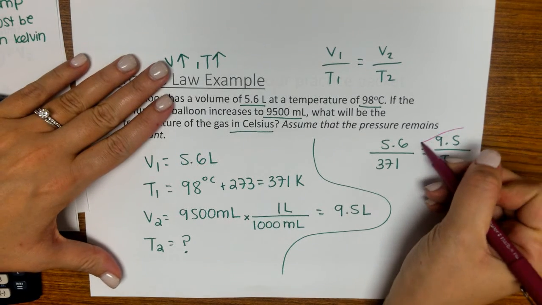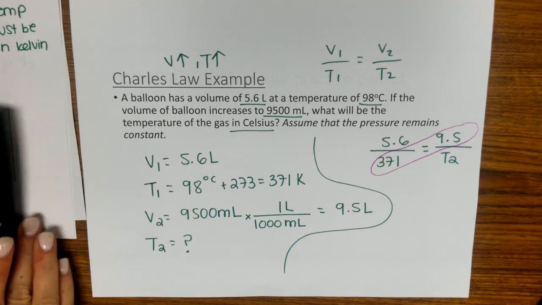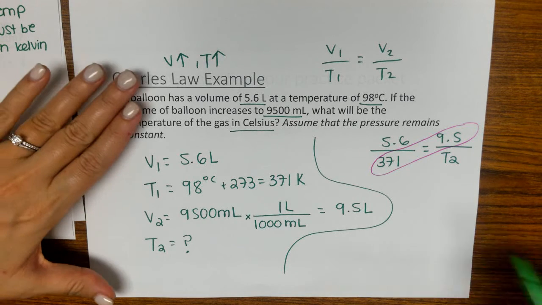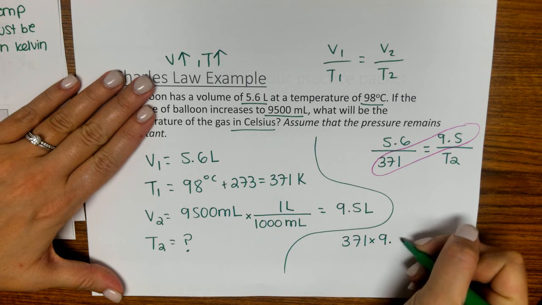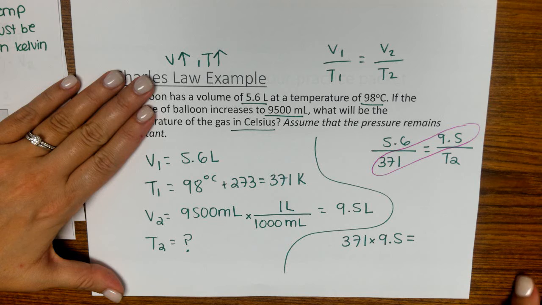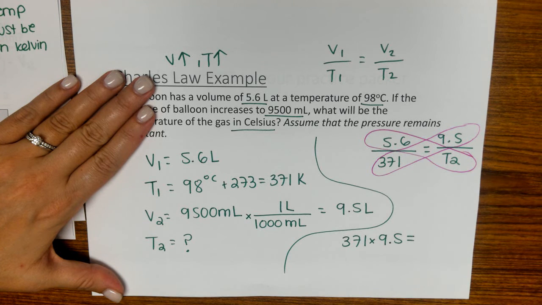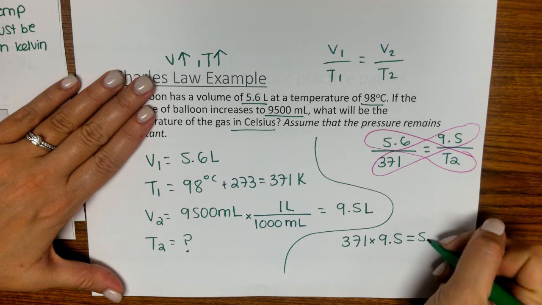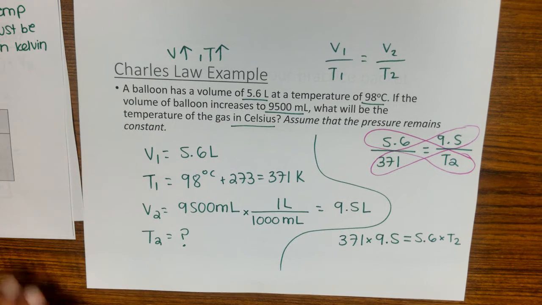So you're going to multiply these two together. So 371 times 9.5. I'll write that down here. 371 times 9.5 equals, and then you're going to multiply these guys together. 5.6 times T2.